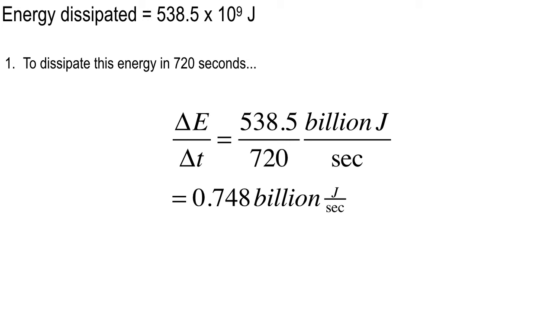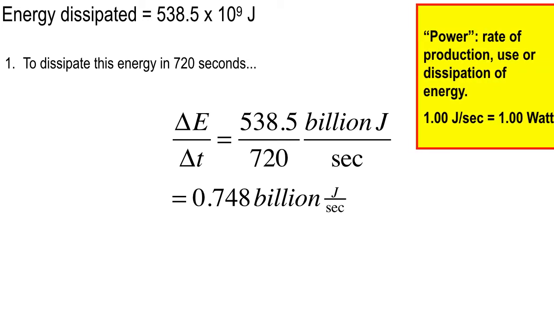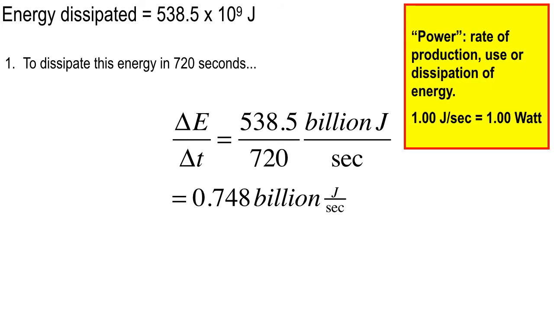But the reason I want to compare it to billions is because this unit of measurement, joules per second, is an energy dissipation rate. And that's known as power: the amount of energy produced, used, or dissipated per second.